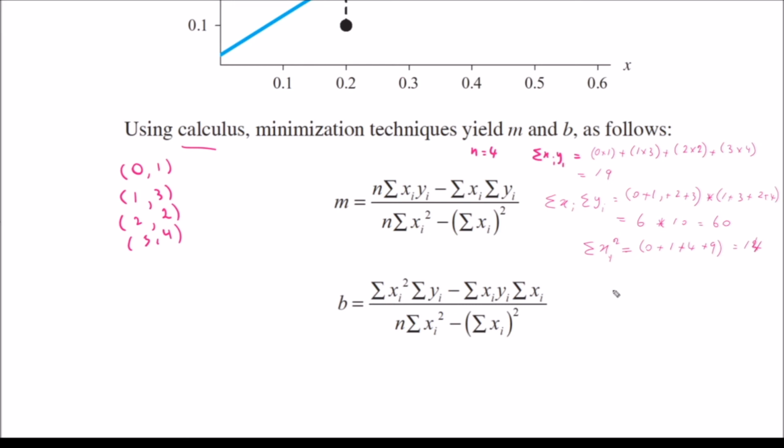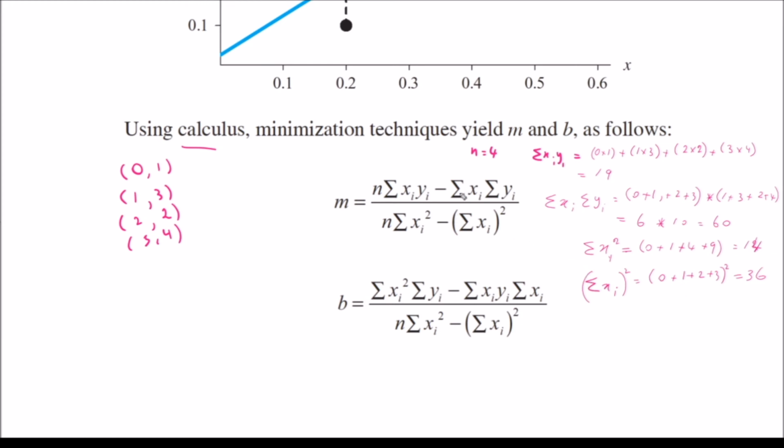And then here you add all the x's together and square it. So in this case I get 0 plus 1 plus 2 plus 3, which is 6, and then I'm squaring it, so I get 36. Right, so that is that.